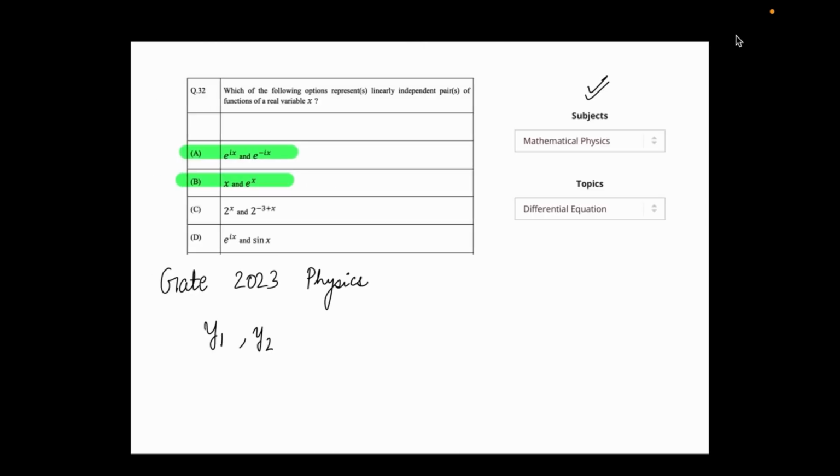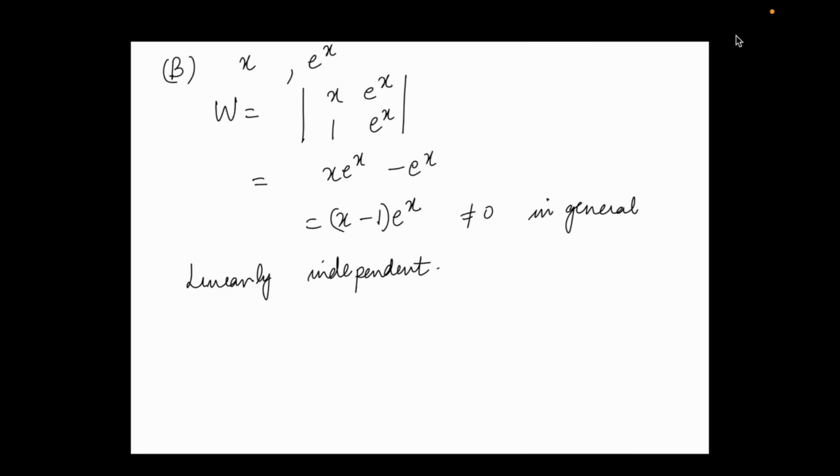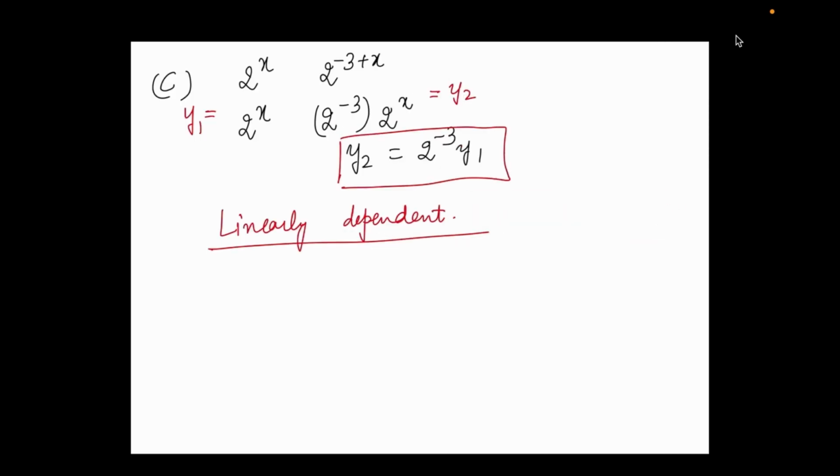So let's mark it as red. There is another method I want to highlight for option C also. The Wronskian, if you calculate, the derivative is 2 to the power x natural log 2.